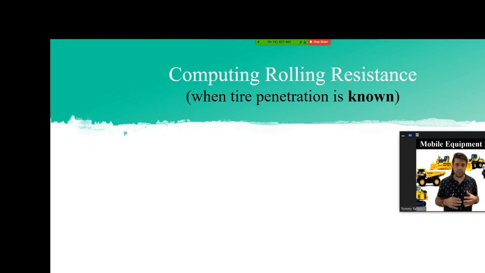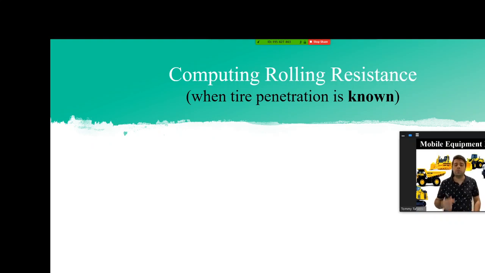The second case was when the tire penetration is known, because tire penetration has a huge impact on how much rolling resistance you will get. The more the tire penetrates into the soil, the more difficult it will be for the tire to rotate or to roll. This means the rolling resistance will be higher.